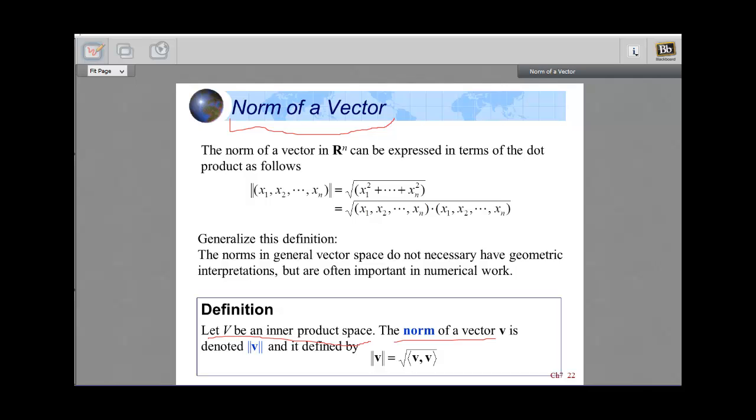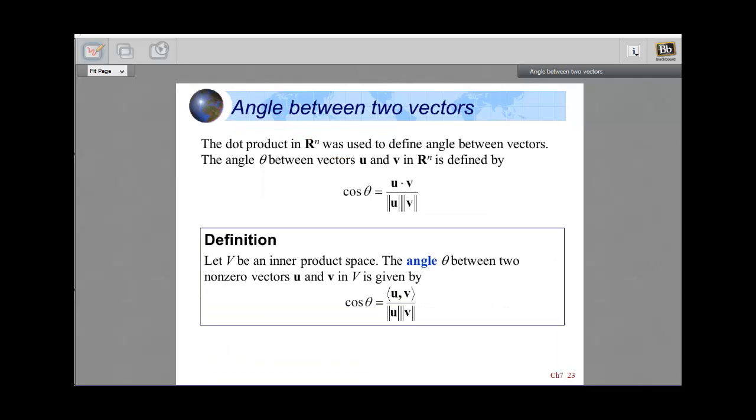The norm of a vector is denoted by norm of V, and it is defined as the square root of the inner product of V comma V. It is the same thing as we discussed earlier, only here we use the inner product V comma V, so it is not more than some difference.